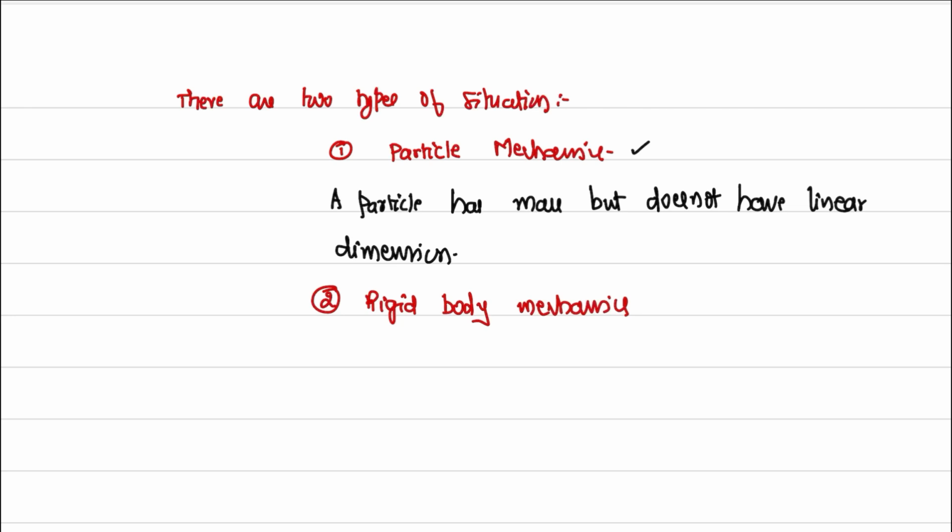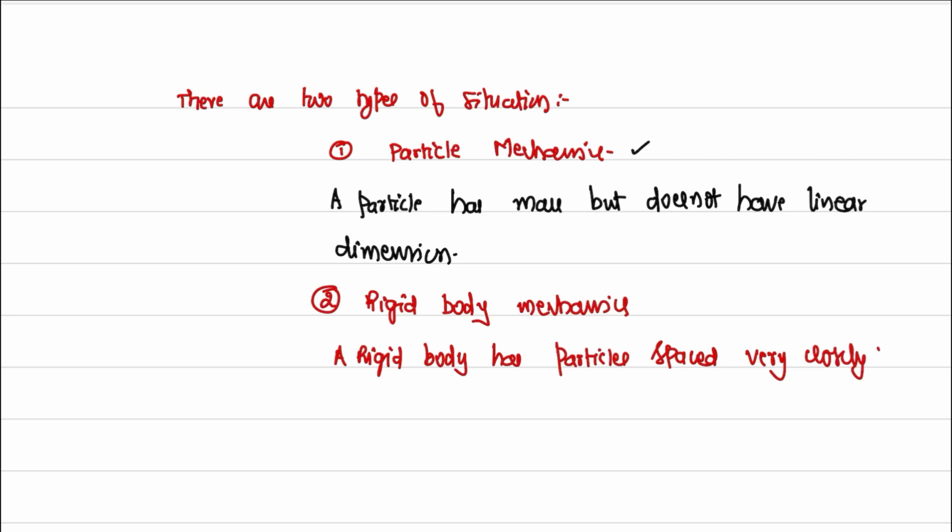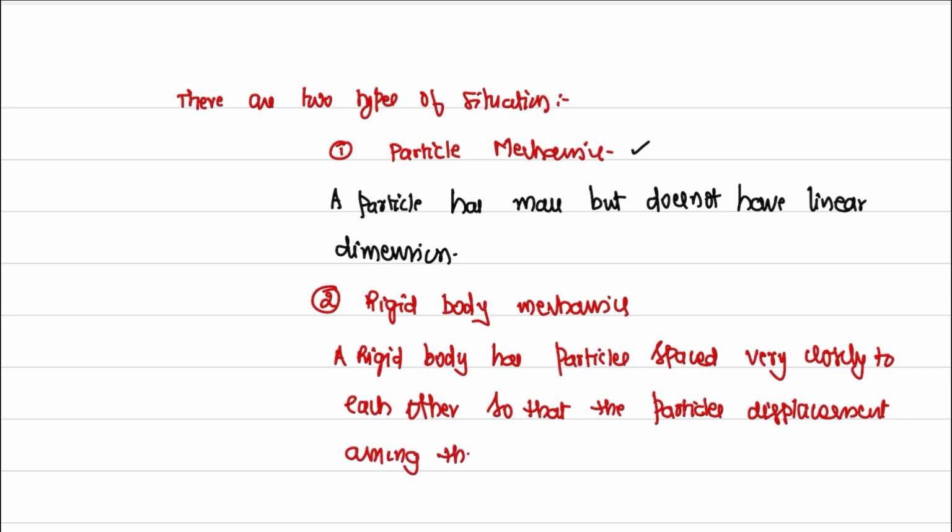A rigid body has particles spaced very closely to each other, so that the particles' displacement among them does not take place under normal conditions of external forces.